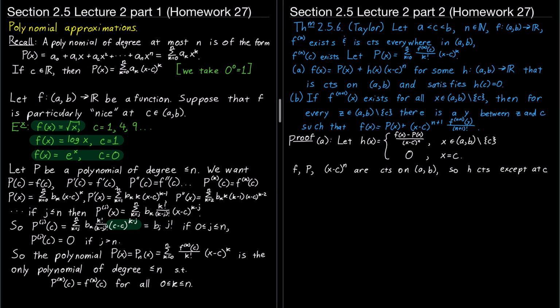So all we need to prove is that h is continuous at c, and by corollary 2.1.3, all we need to prove is that the limit of h of x as x goes to c is equal to 0. So how do we prove this? We use L'Hopital.